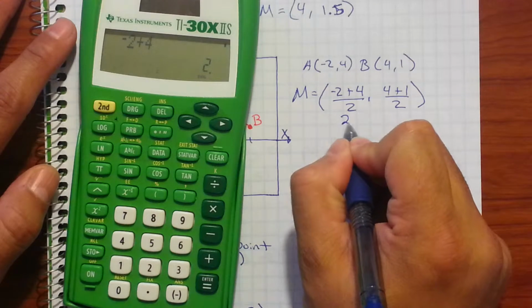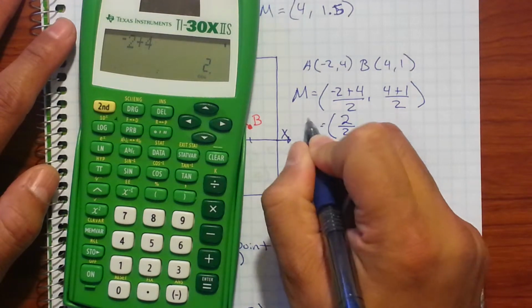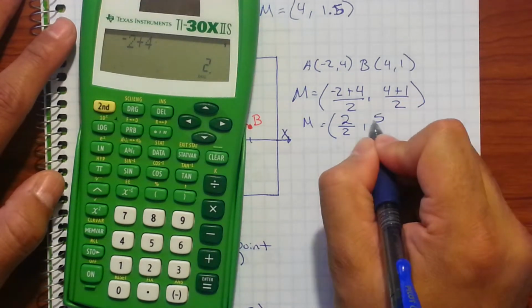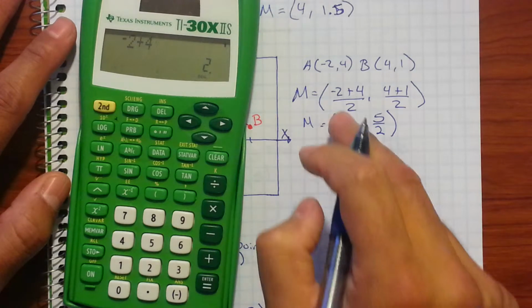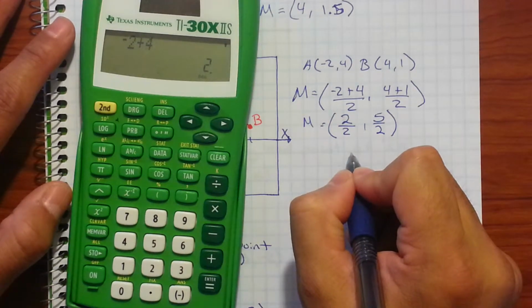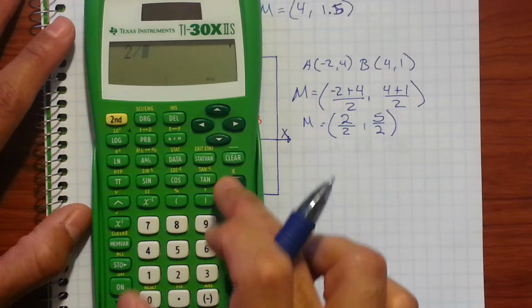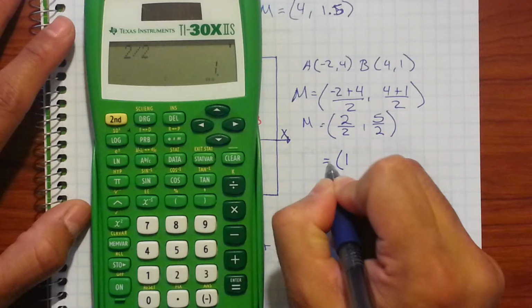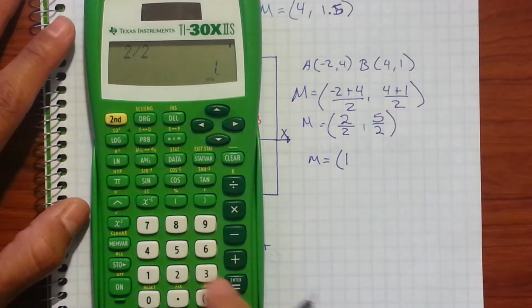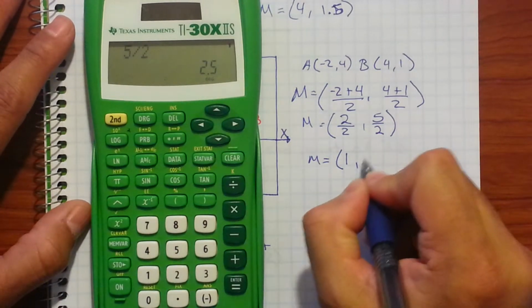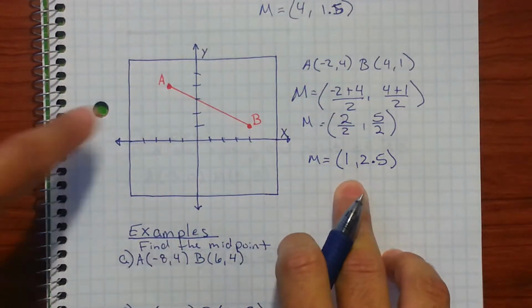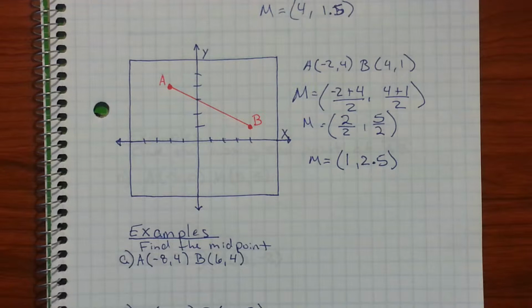So I'm going to have 2 divided by 2, comma, 4 plus 1 is 5, 5 over 2 right here. So 2 divided by 2 is going to give me 1, and 5 divided by 2 is going to be 2.5. So that's going to be the midpoint of this graph that I have right here.